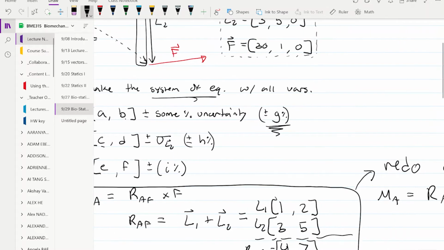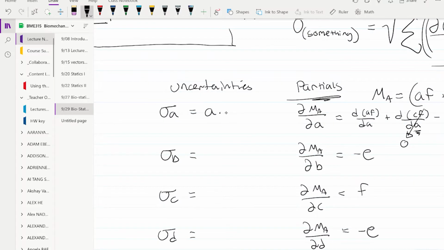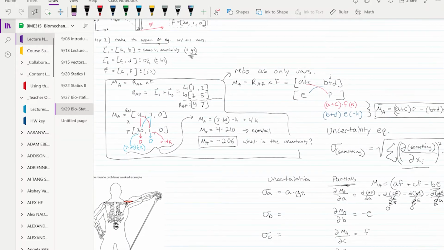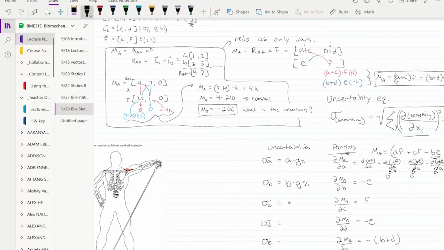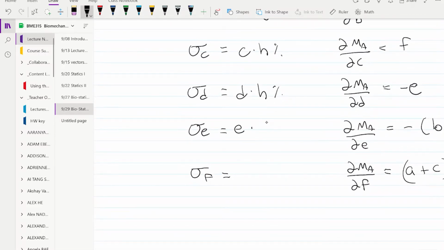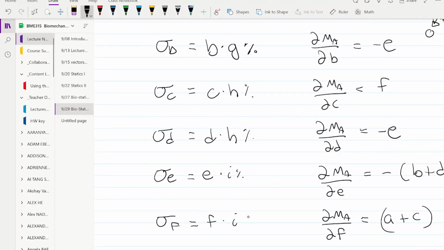So then the uncertainty in A is just going to be A times G percent, right? And then B, same thing. So it's going to be B times G percent, C times H, D times H, and that's E times, what was it? Yeah, it's I percent. Okay.